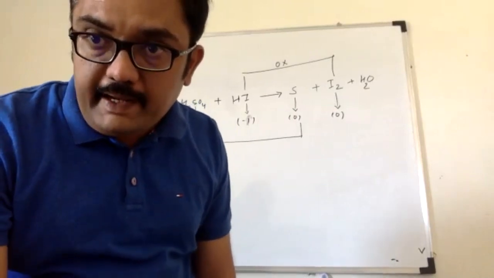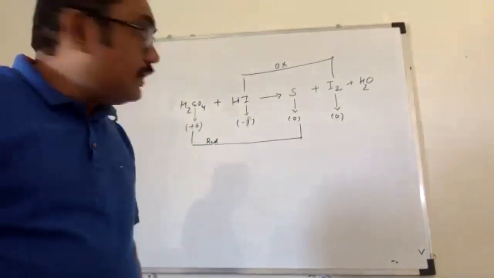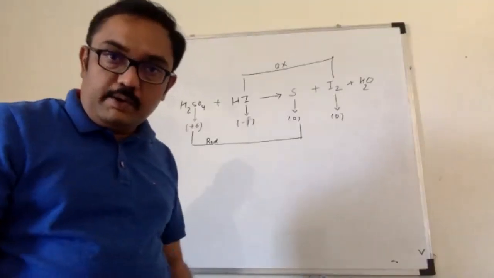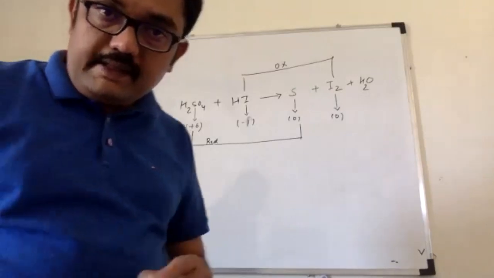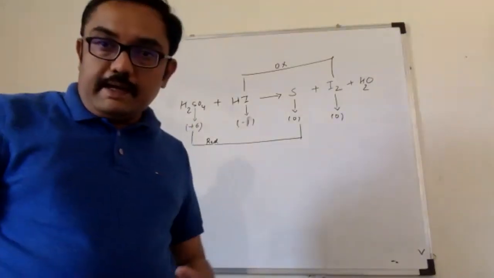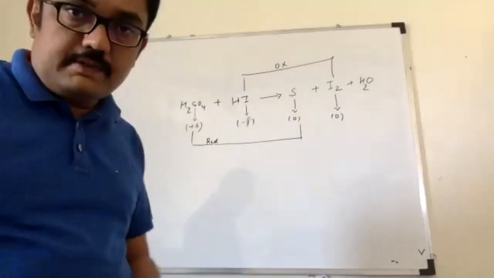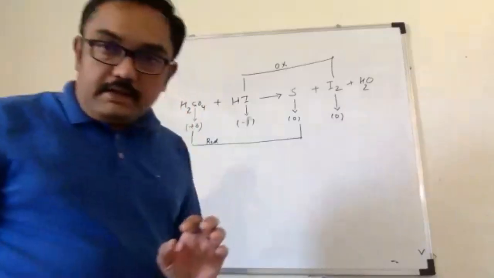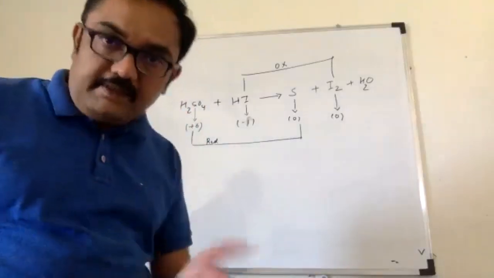But if you look at oxidation half, the iodine atoms are not balanced. Left hand side, the iodine atom is 1, and the right hand side, the iodine atoms are 2. So I need to balance that atom first. To balance that, let me make iodine atom 2 on the left hand side.